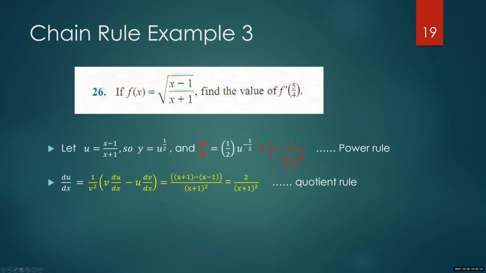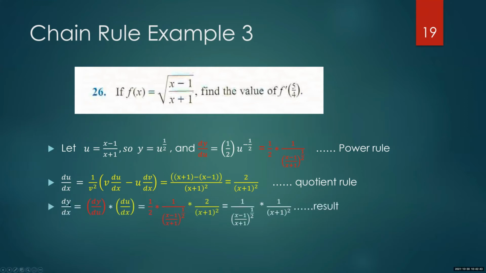And v du dx: it's x plus 1, which is v, and in this case du dx is equal to 1. And then minus u dv dx. So u is x minus 1 and dv dx is equal to 1. So this du dx evaluates to 2 all over x plus 1 squared.